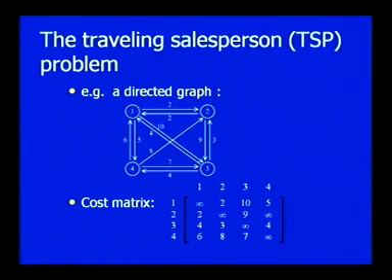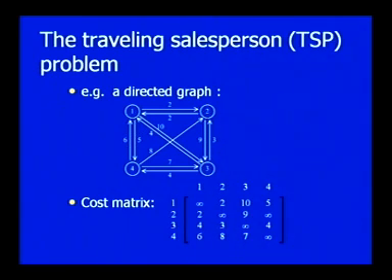Again, it is going to be a graph. The problem is that we have to start from one vertex, visit all other vertices, and then come back to the original position. The restriction is that every node should be visited only once, and the final vertex should be the same one from where you started.